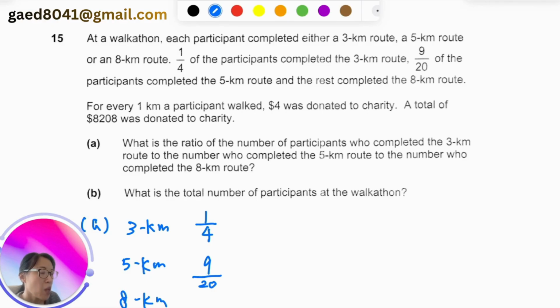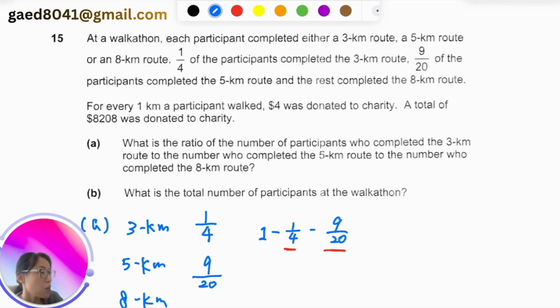So how can we find the fraction of the third route? If we think the whole group is 1, then we can subtract 1/4 and 9/20 from 1. But here is a problem. We notice that the denominators 4 and 20 are different. We need them to be the same.